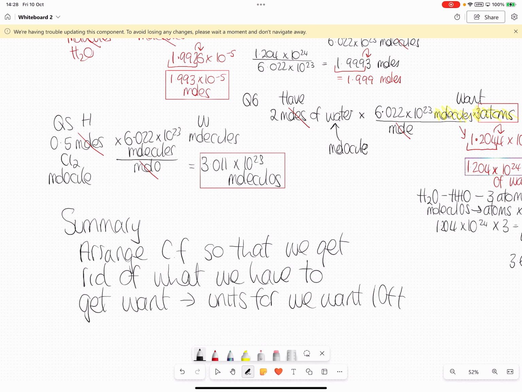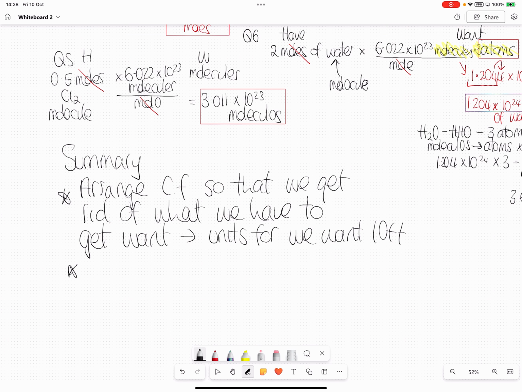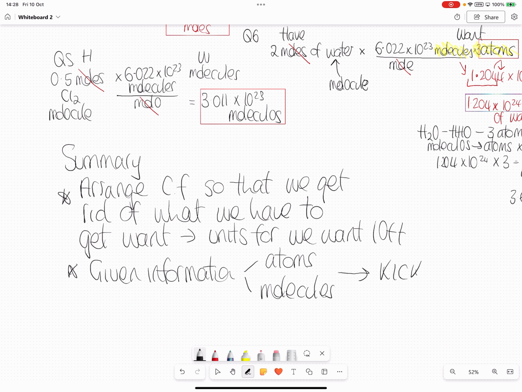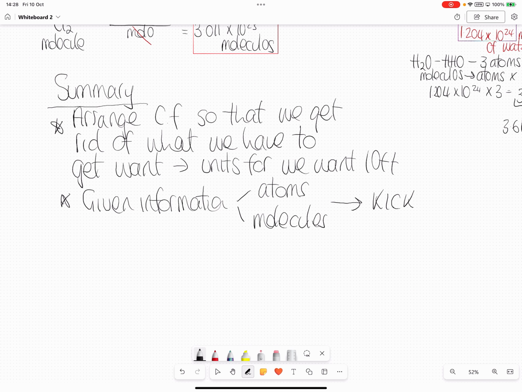We need to be aware that when we're given information, we need to recognize, is it about atoms or is it about molecules? And is there then from this a little kick to the end of the question? Okay, and again, if you set up every time using all of your units, it will be very obvious whether or not you have answered the question asked.